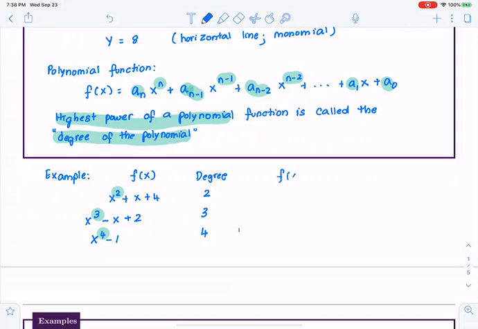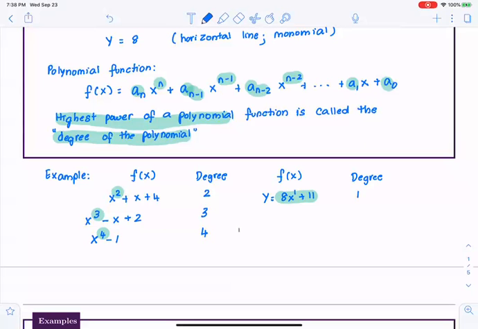We all know of a line y equals mx plus b. So if we have y equals 8x plus 11, and if we look at the right-hand side, we have a binomial. There are 2 terms, but it is a polynomial function. So what is the degree of that polynomial function? The highest power of x in that expression is 1, which is right here. So the degree is 1.